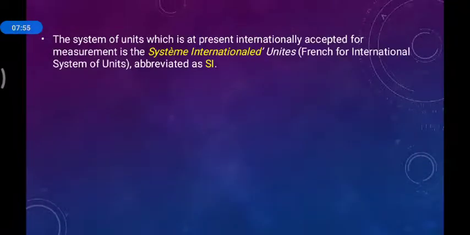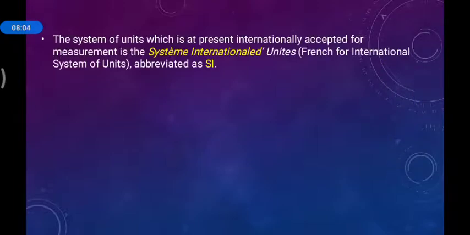I used this nice background because it has some measurement systems on it, so it is very suitable for our discussion. The system of units which is internationally accepted for measurement, meaning accepted all over the globe, is named Système Internationale.